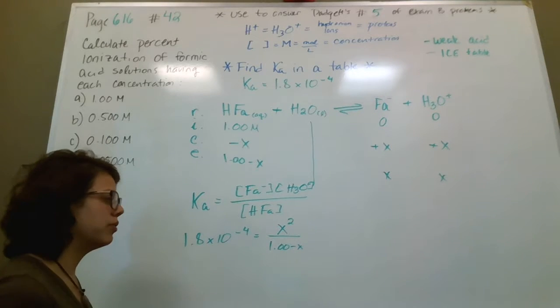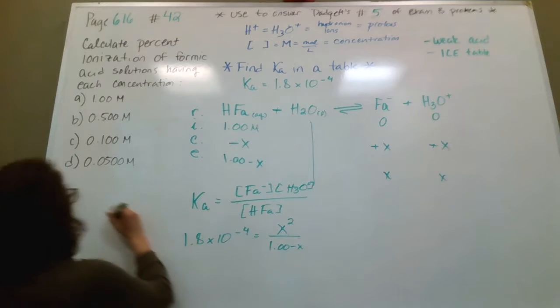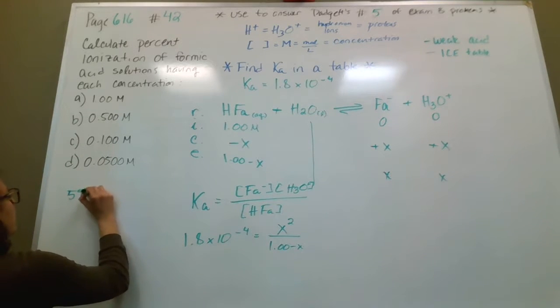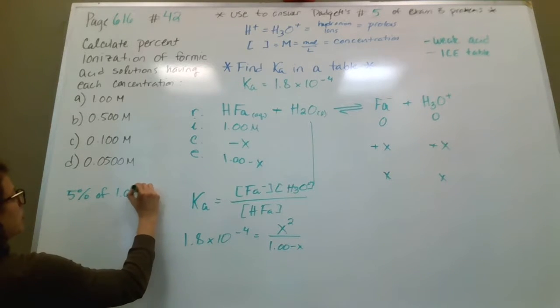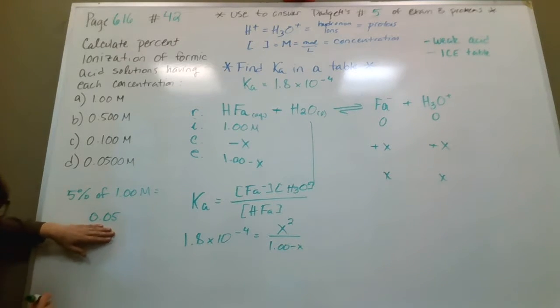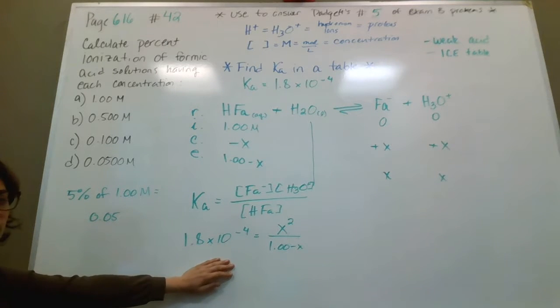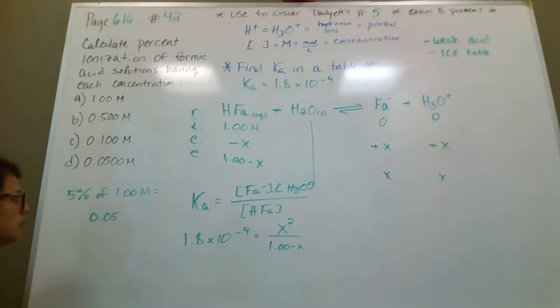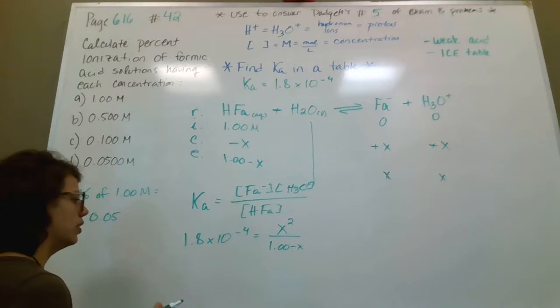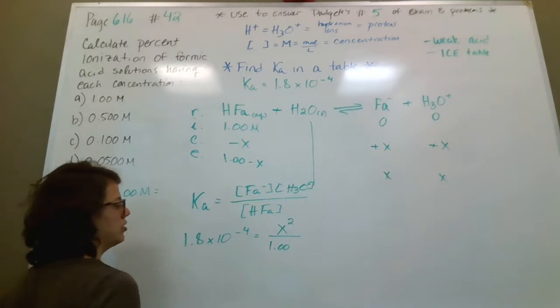So what we're aiming for is 5% of 1. So 5% of 1.00 molar equals 0.05. If we have a number that's less than 0.05 when we use the small x approximation, we're in the clear. So let's use that small x approximation and not bother with the quadratic.